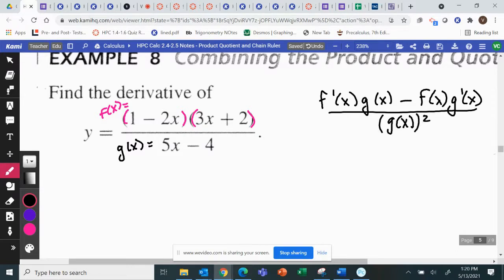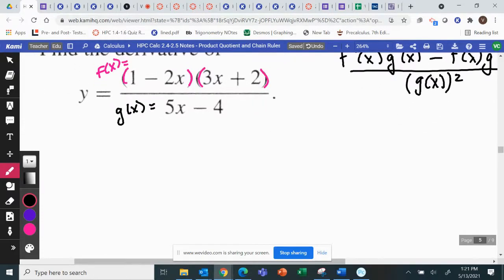So our first step is to do the derivative of the top. So now when I go to do the derivative of the top, how do I do the derivative of a product? So I'm only looking at the pink stuff right now. I'm going to take the derivative of that first function, 1 minus 2x, which is negative 2.